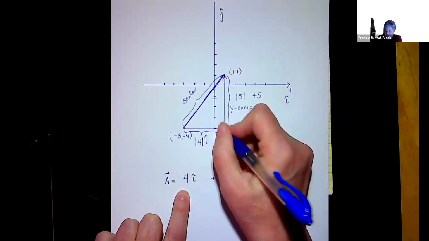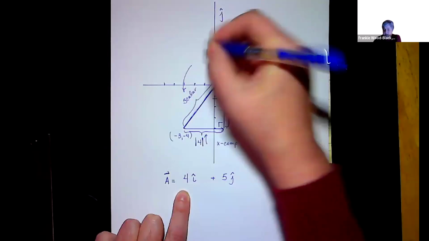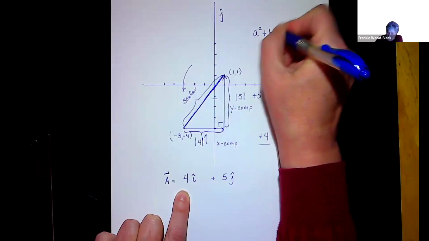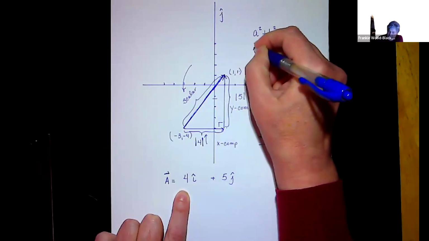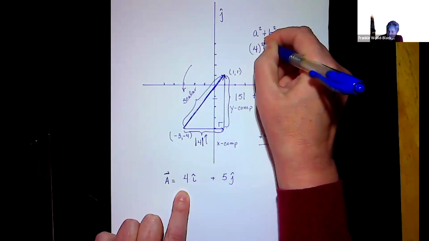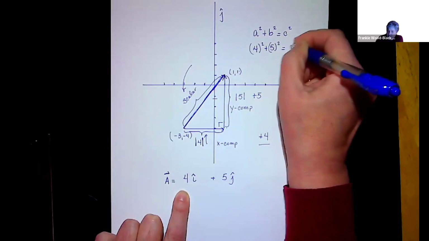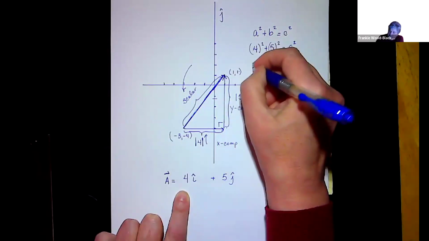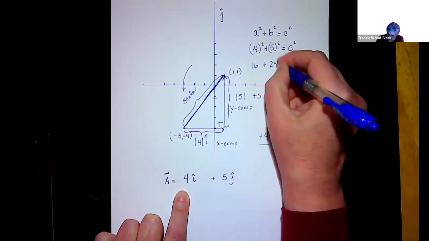Because now if this is my right triangle, we can figure out what that scalar is, right? Because I have a squared plus b squared is equal to c squared. Well, now I have 4 squared plus 5 squared is going to equal my c squared. So 4 squared is 16, 5 squared is 25.